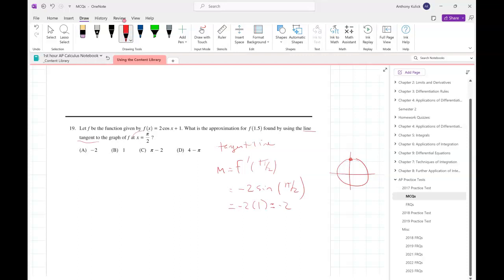Now, we have the x value already, but we don't have a y value for my point to write my tangent line. I need a point and a slope. We have the x for the point, but we don't have the y. Let's write it that way.